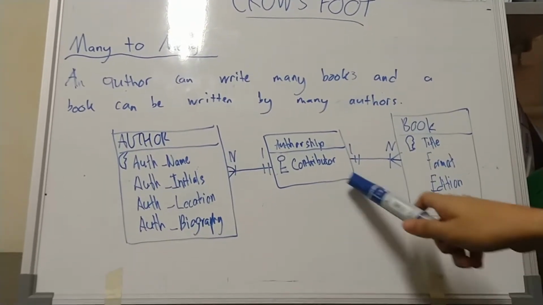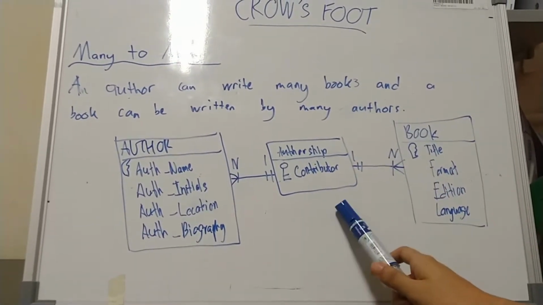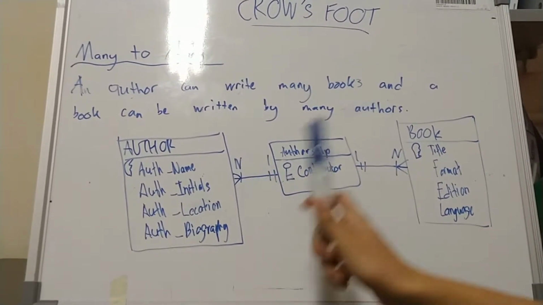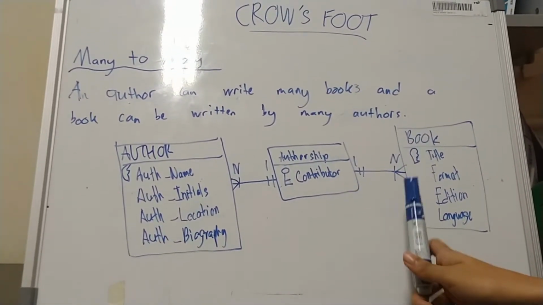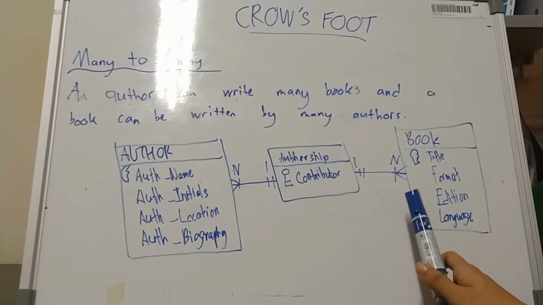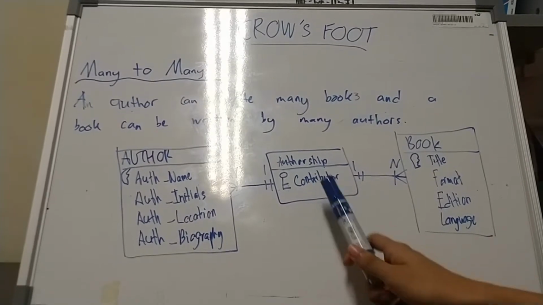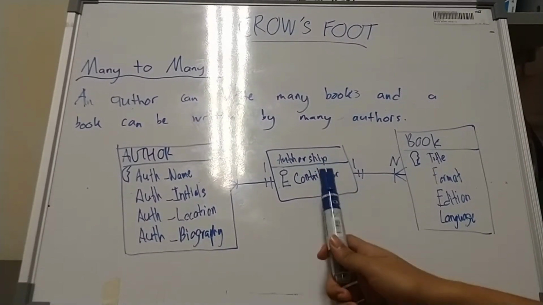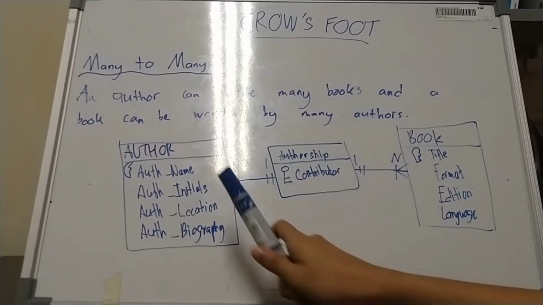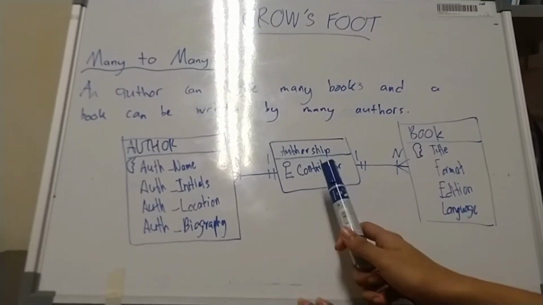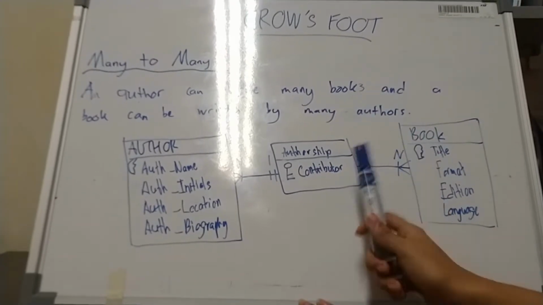The reason there is a bridge table here is that we cannot have two mandatory manys at two entities because it will cause data redundancy. Logically, the authorship would be the best entity here because the contributor can support the author or can support the author itself by buying the book.